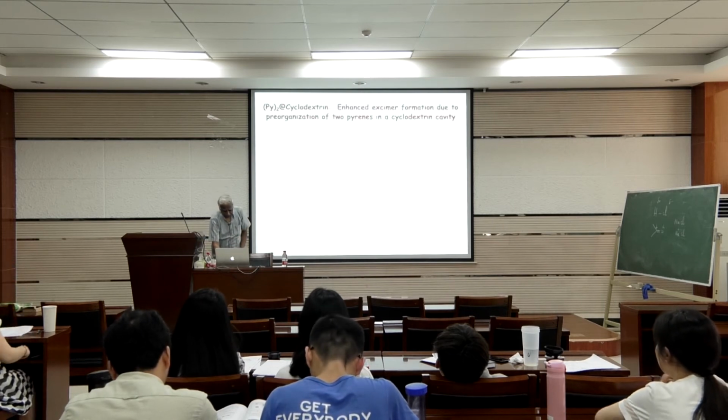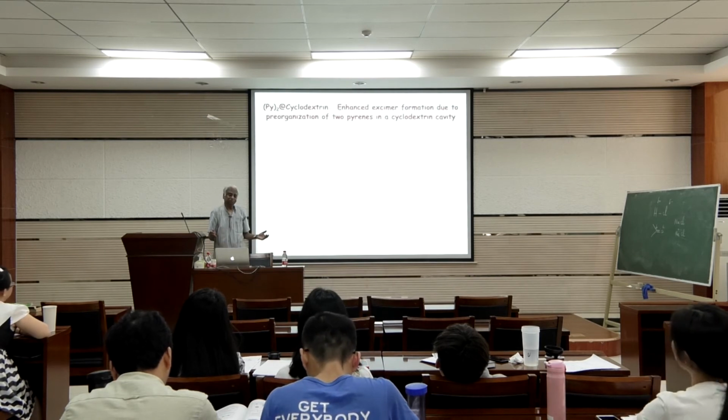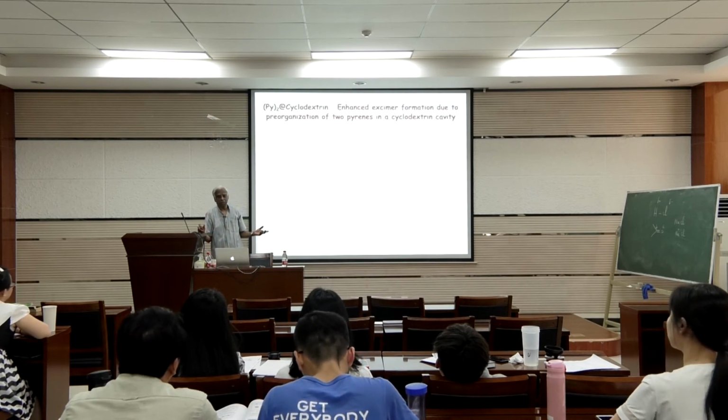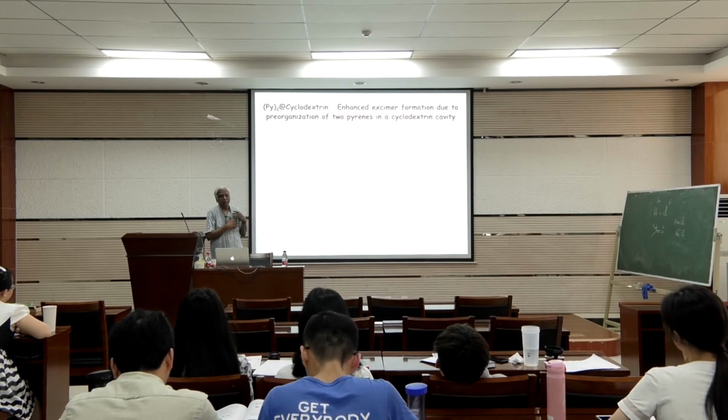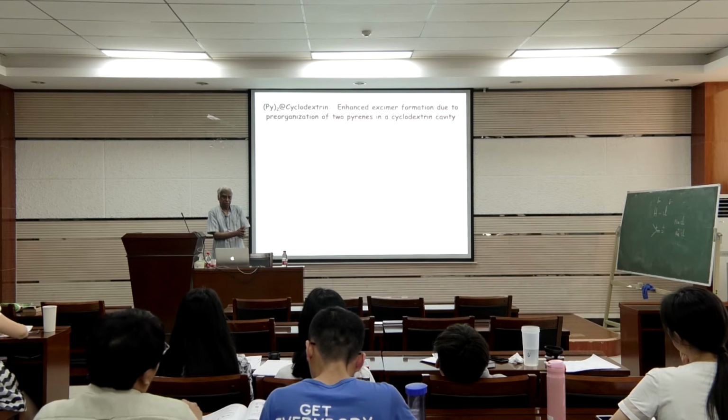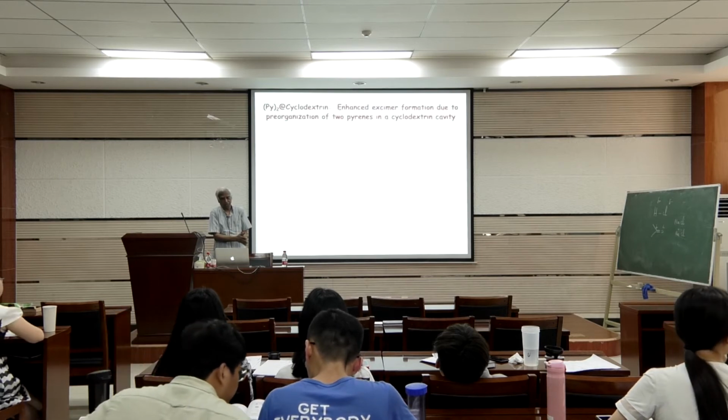But if you take micromolar concentration, you will not see any hexamer. But if you can bring them closer, whether it is micromolar or even dilute concentration, you will see a very strong hexamer emission. So if you want to bring two molecules very close to each other, you can do it.